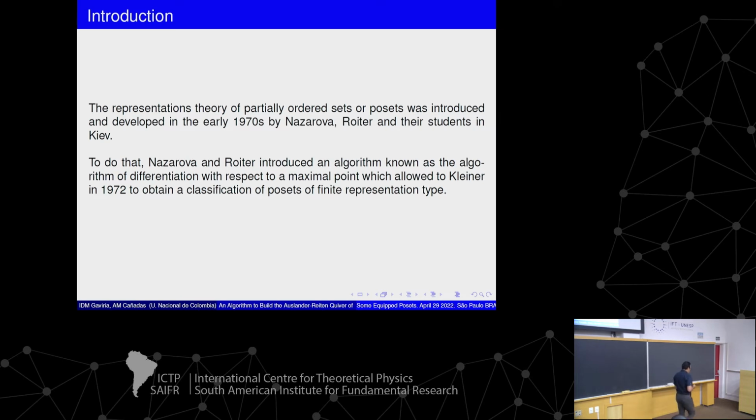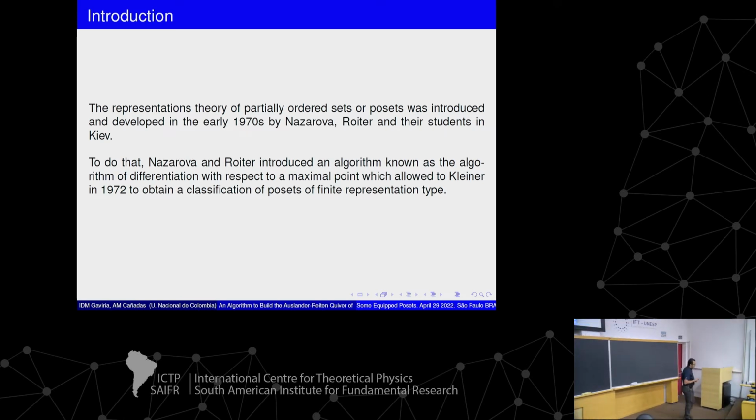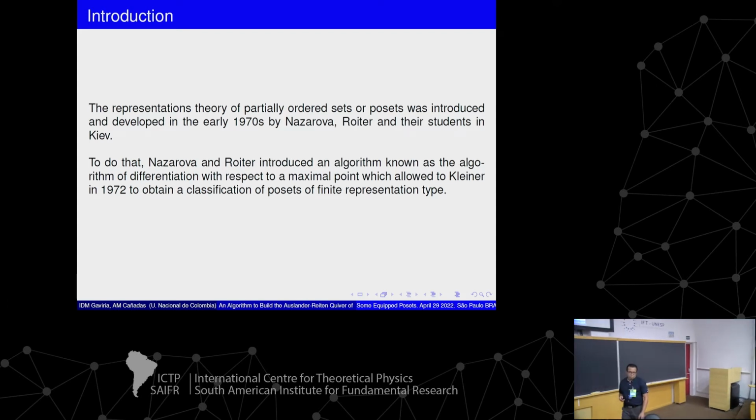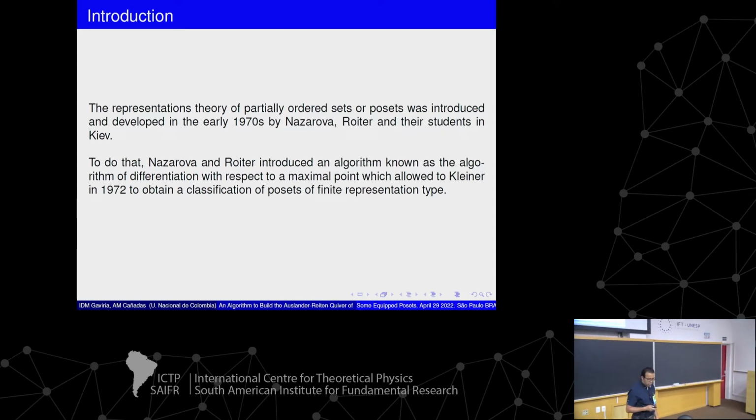To solve that conjecture, Nazarova and Roiter introduced one algorithm of differentiation with respect to one maximal point. And with this algorithm, Kleiner classified posets of finite representation type.